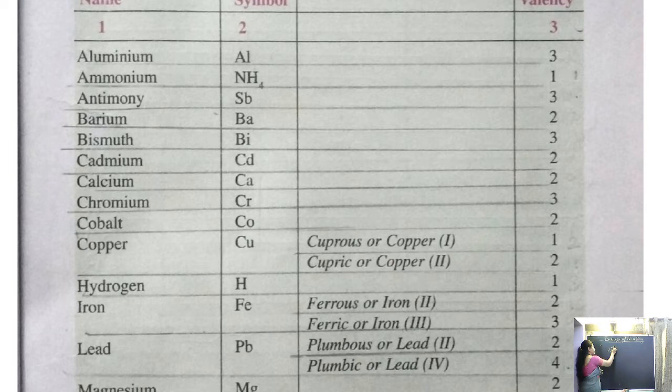Got it? So aluminium has a capacity to remove 3 electrons to make itself stable. What is happening here? 3 electrons are removed to make it stable. Got it? So these are the things.